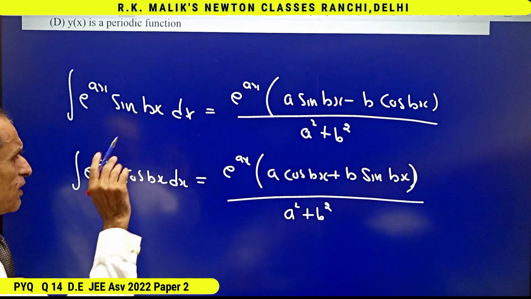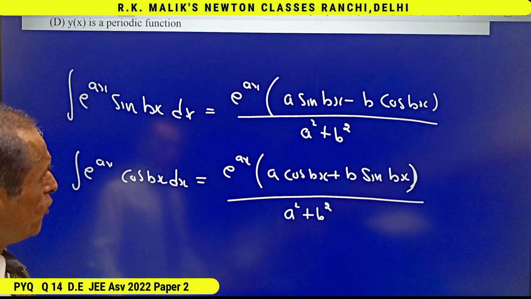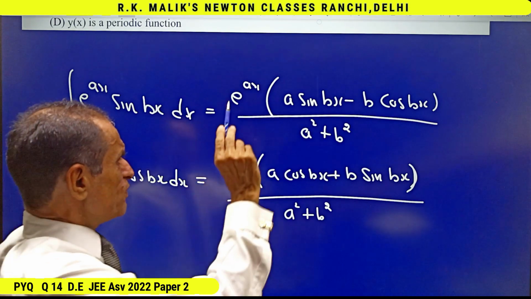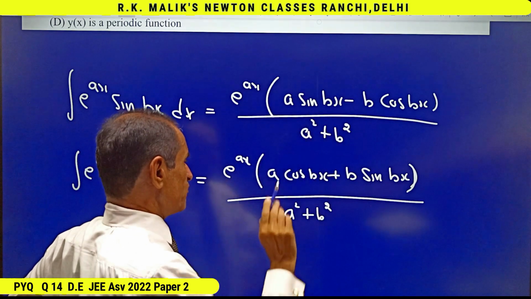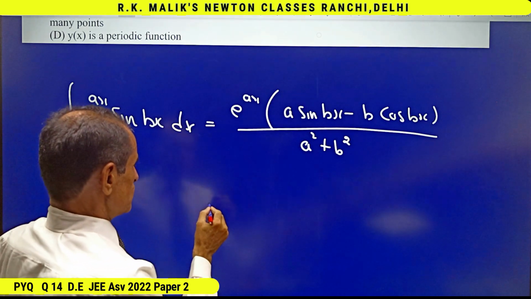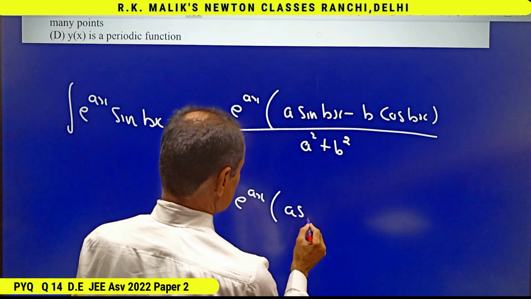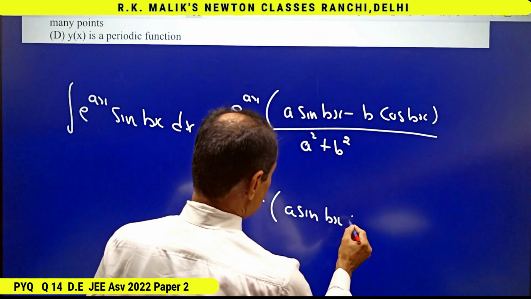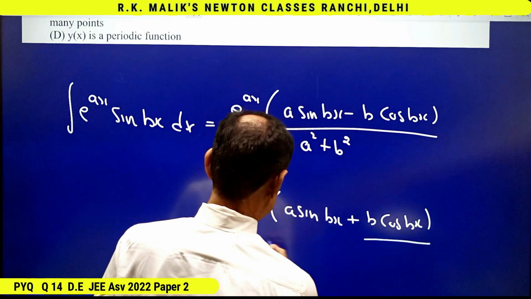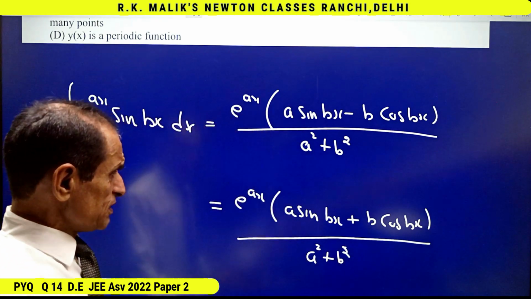The main problem in remembering this formula is that after a long time, if you try to recall it, confusion arises about which formula has minus and which has plus. For example, suppose you have written e to the power ax (a sin bx plus b cos bx) upon a square plus b square.